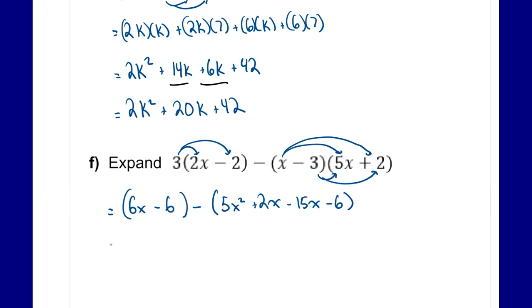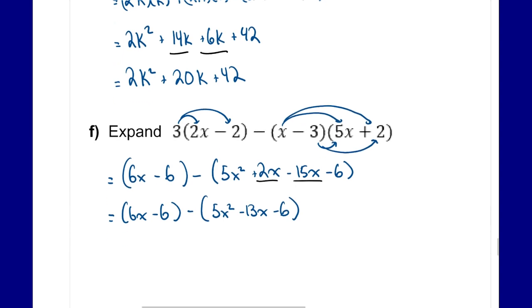Now I can simplify that second bracket a little bit, which will help make it a little neater as I go through. So 6x minus 6 minus, and I can collect the terms with the x's: 5x squared minus 13x minus 6.